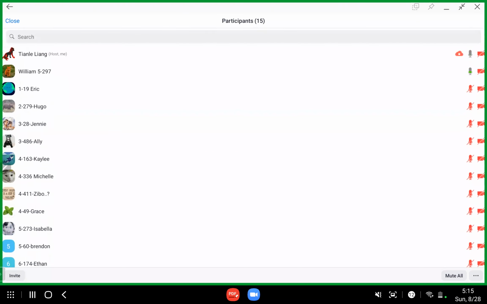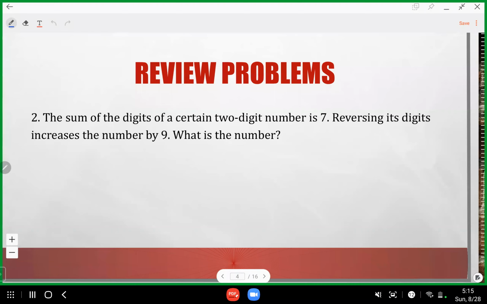Okay, but I didn't really use algebra for it because I can't really think of an equation. I just used the clues. If we reverse the number's digits, it will increase the number by 9.